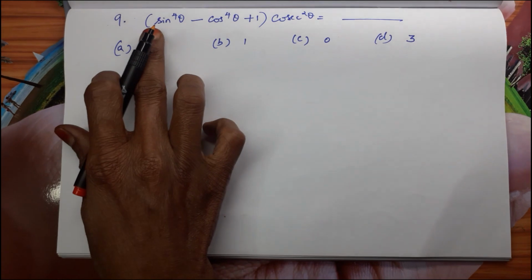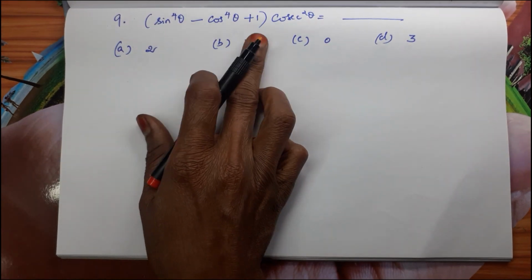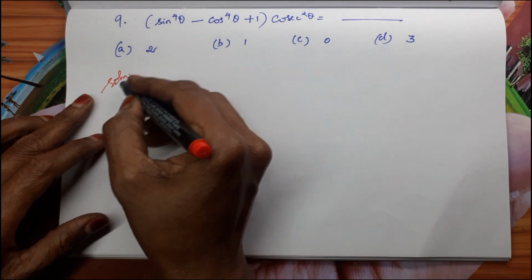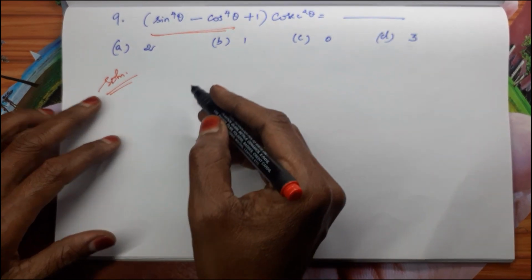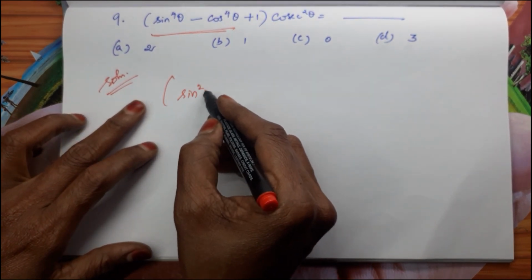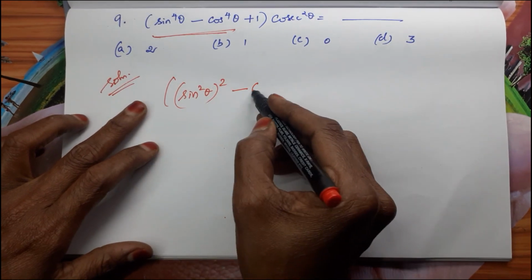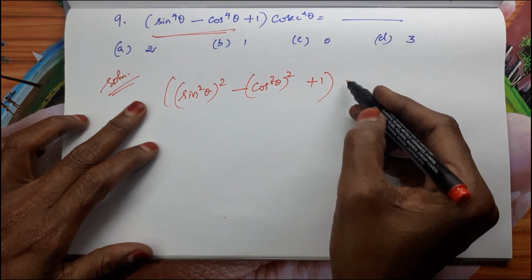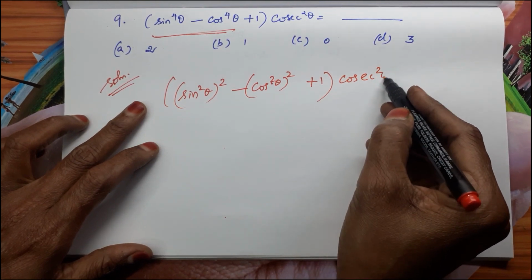The next problem is sine power 4 theta minus cos power 4 theta plus 1, into cosecant square theta. This can be written as sine square theta the whole square minus cos square theta the whole square plus 1 into cosecant square theta.